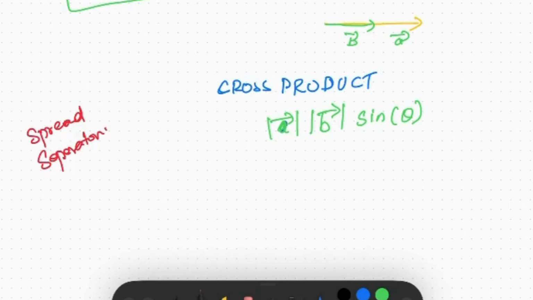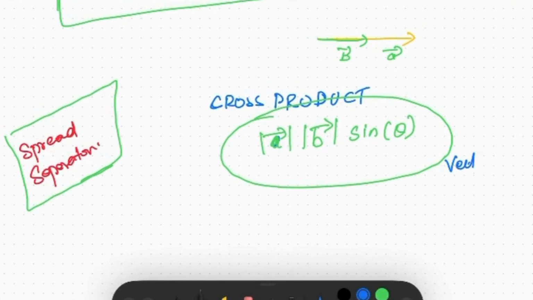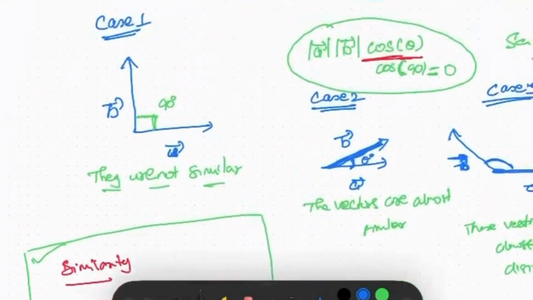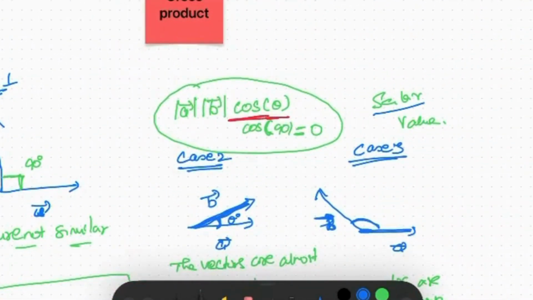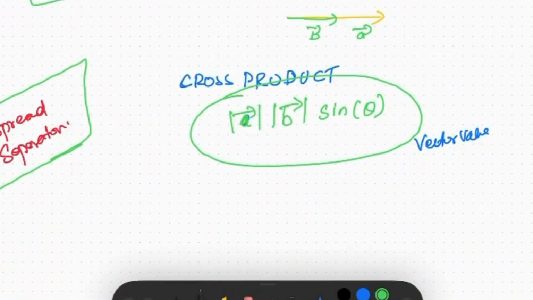One more point about the values resulting from this. This is going to be a vector value. But in case of dot product, it was a scalar value. Here it results in a new vector.